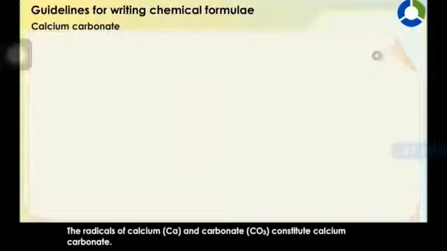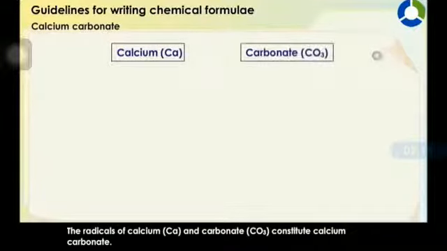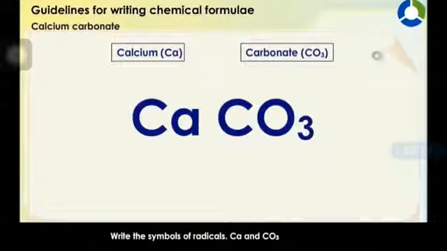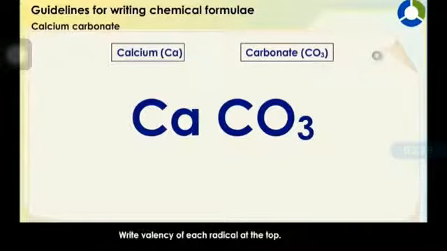Calcium carbonate. The radicals of calcium, Ca, and carbonate, CO3, constitute calcium carbonate. Write the symbols of radicals, Ca and CO3. Write valency of each radical at the top. Ca valency 2, CO3 valency 2.